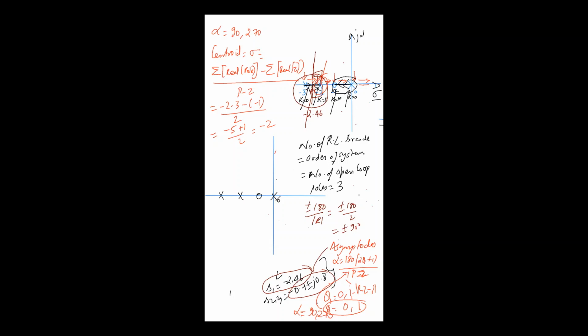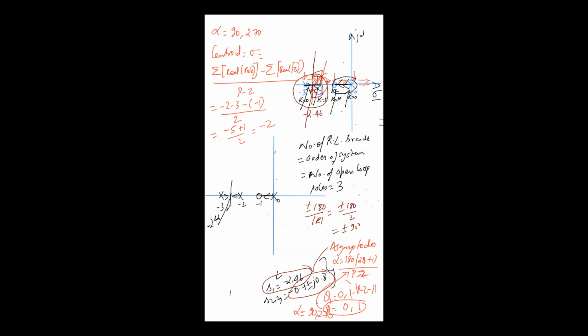So this is 0, this is -1, this is -2, this is -3. One branch is starting from here and terminating here. One branch is starting from here, another from here, and they intersect at the breakaway point. This point is -2.46. After intersecting, one branch is leaving like this, another is leaving like this.